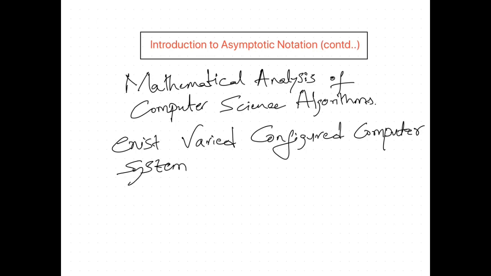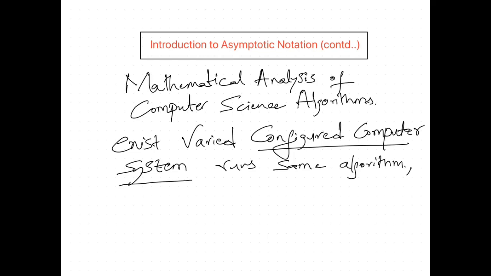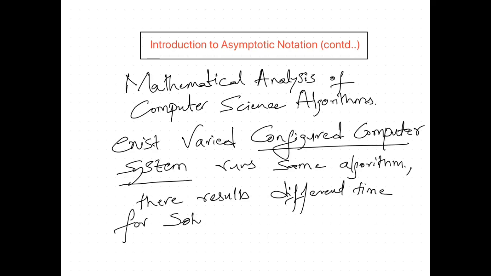When these varied configured computer systems run the same algorithm, their results differ in the time taken for solving the problem. What does it mean?